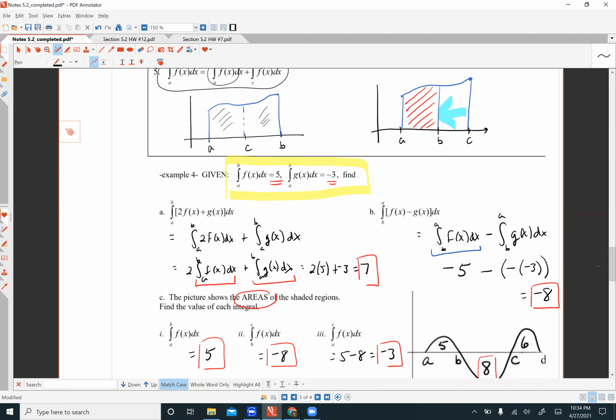We'll just use these rules. First, we break it up into 2 pieces, and then we pull this constant 2 out. We're told that the area from a to b of f of x is 5, and the area from a to b of g of x is -3. So we just add it all together. 2 times 5 plus -3 is 7. I think there's at least one or two problems like that in my lab.